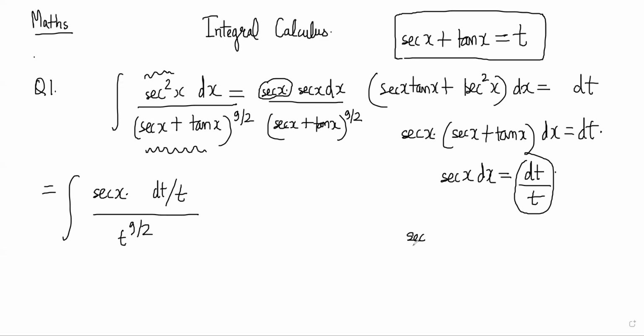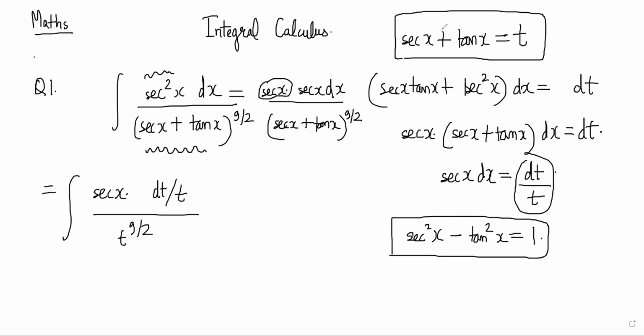Sec square x minus tan square x is 1, and sec x plus tan x is t. What is sec x minus tan x? It is 1 divided by sec x plus tan x, which is 1 by t.